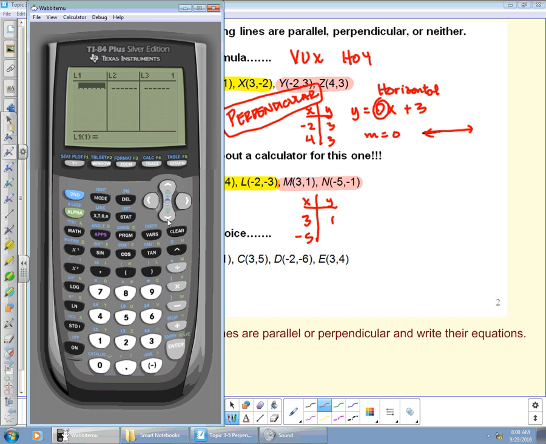When X is -5, Y is -1. So 3, -5, and then 1 and -1. All right, so stat, calc, go down to number 4, or you can just press number 4, enter, and then just keep pressing enter until it gives you an equation. So y equals 0.25x plus 0.25.